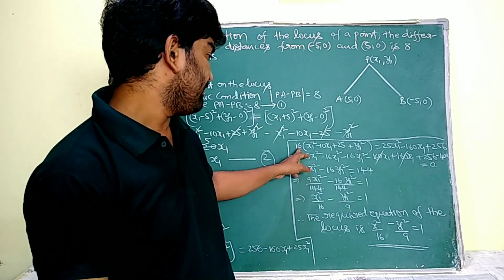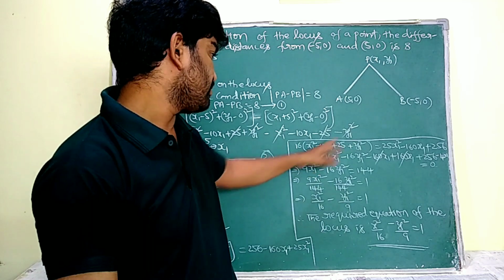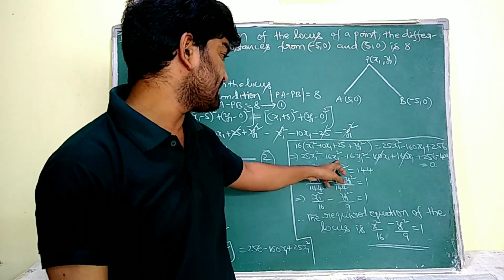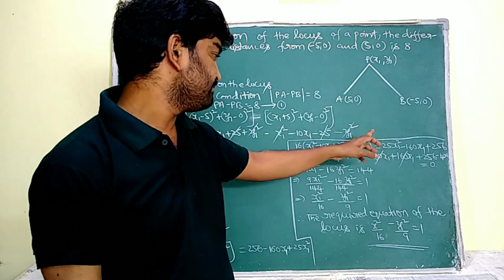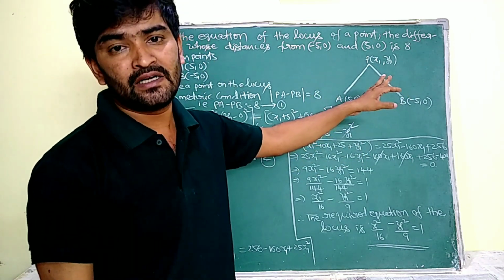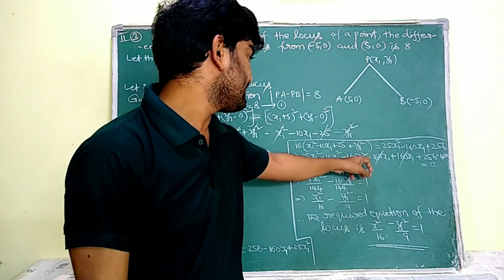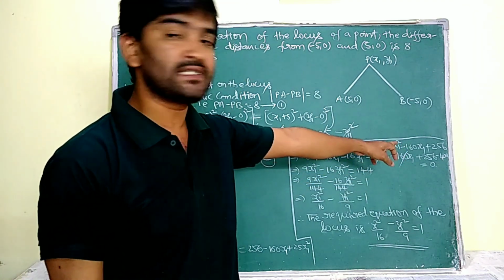Now multiply this and transfer all the values to the right hand side. So 25x1 square, this is minus 16x1 square, next this is plus 16y1 square. By transferring it to the right hand side, minus 16y1 square.